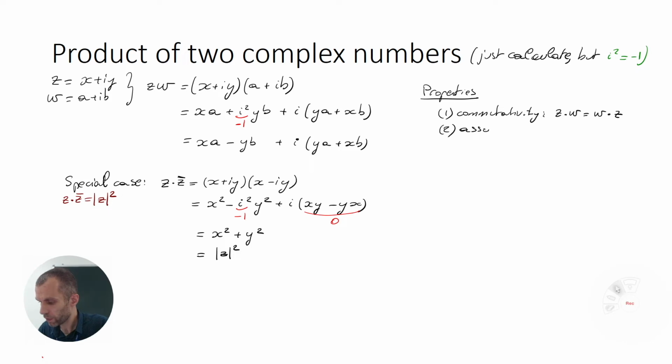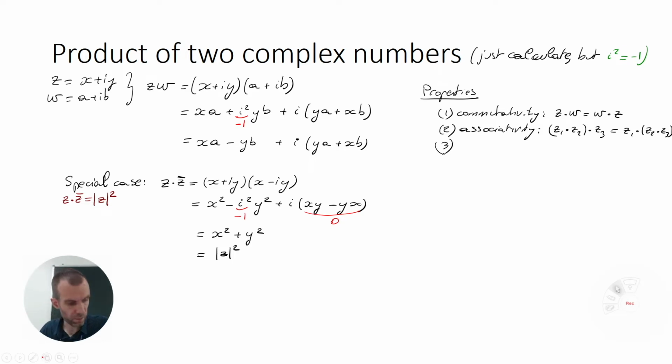We have associativity, meaning that if we multiply three complex numbers together, we can choose to do the multiplication in any way we want. So we can either multiply first z1 and z2 and then z3, or we can first do z2 and z3 and then z1.